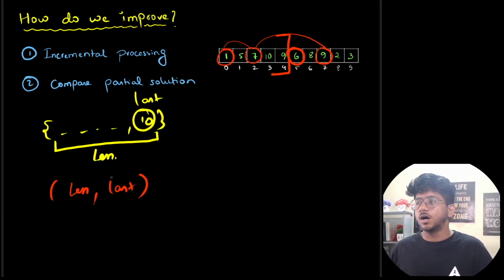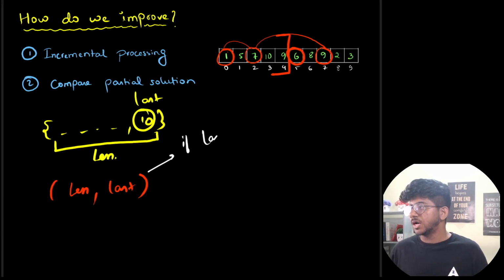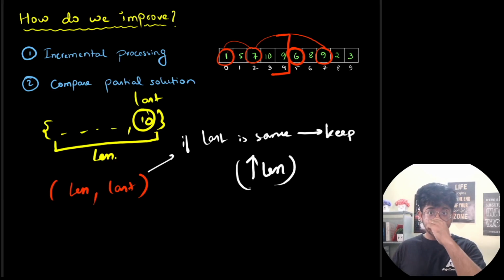So in this case, we would love to compare with two things. One is, if the last is the same between two subsequences, keep the one with the higher length.